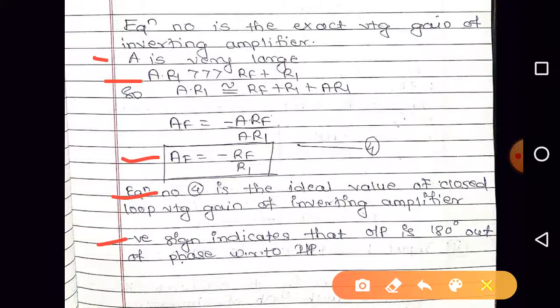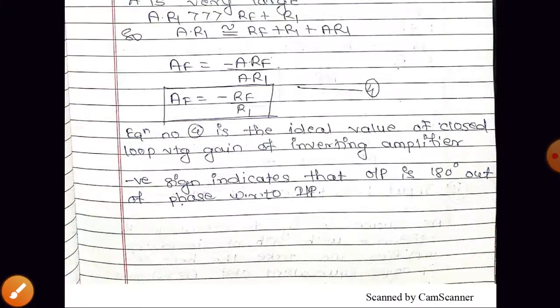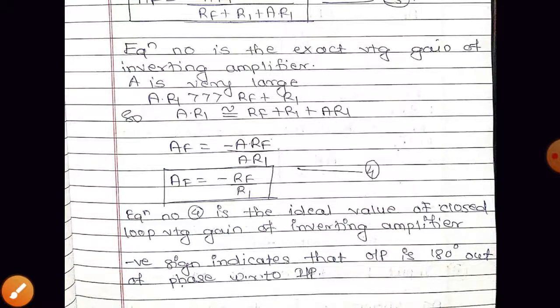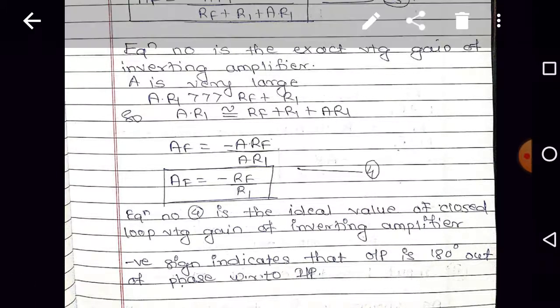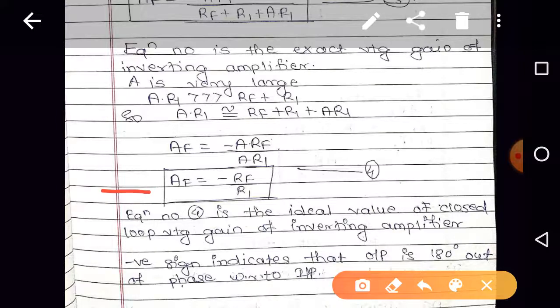Equation number 4 is the equation for the closed loop voltage gain, the ideal value of the closed loop voltage gain of the inverting amplifier. AF is equal to minus RF upon R1.